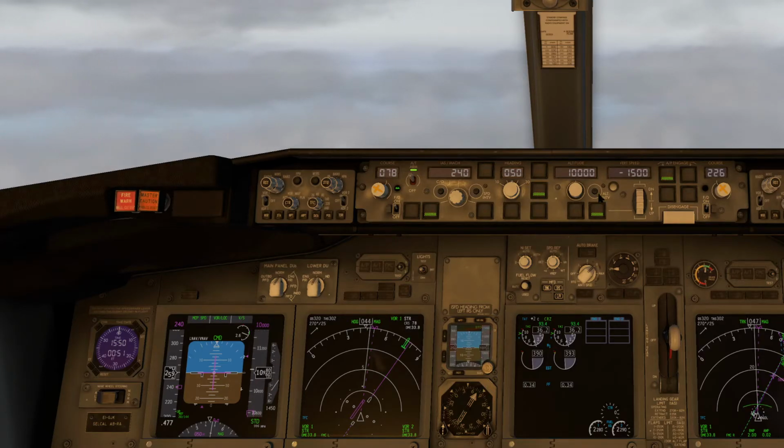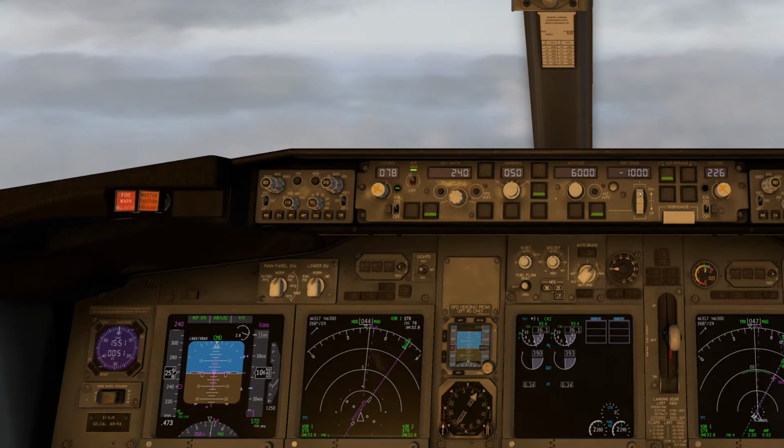We can continue the descent to 6,000 feet, flight level 060 still. But this time we reduce the descent rate to 1,000 feet per minute.